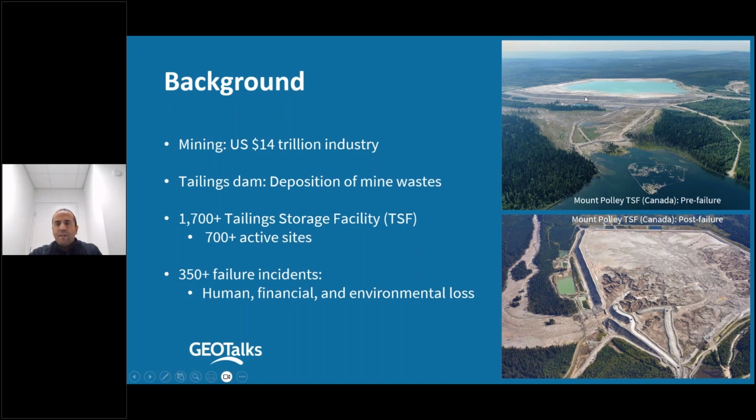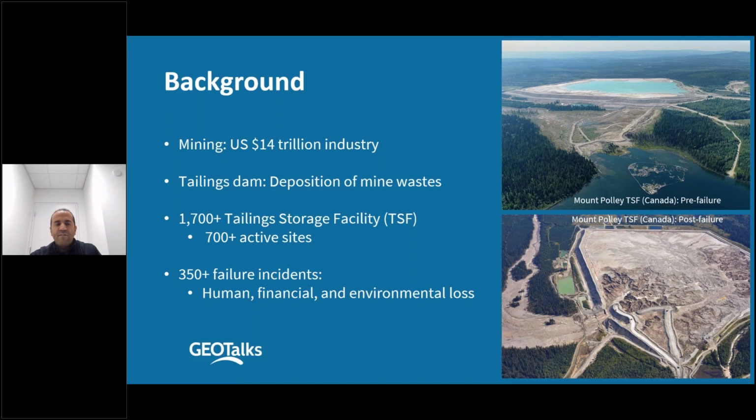Like this, for example, this is for Montpellier, and you can see the before and after situation of the tailings storage facility before and after the breach. There are 1,700 storage facilities. 700 of them are still active. Typically, mines are closed after a while, so we call it active and closed ones.